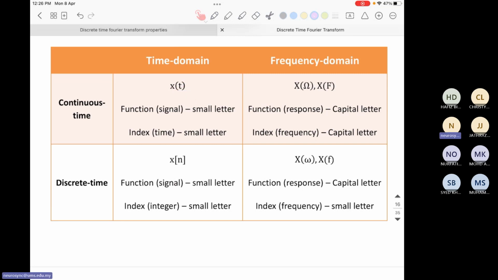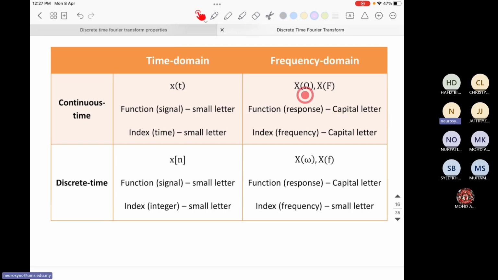In the frequency domain, if I want to represent a continuous time signal, X is capital, the function is a capital letter, and the index is also a capital letter. So in the frequency domain, what is the index? Frequency. In the time domain, the index is time. In the frequency domain, the index is frequency. So this can be represented with X of omega or X of f, where omega is 2 pi into f. This is the same.